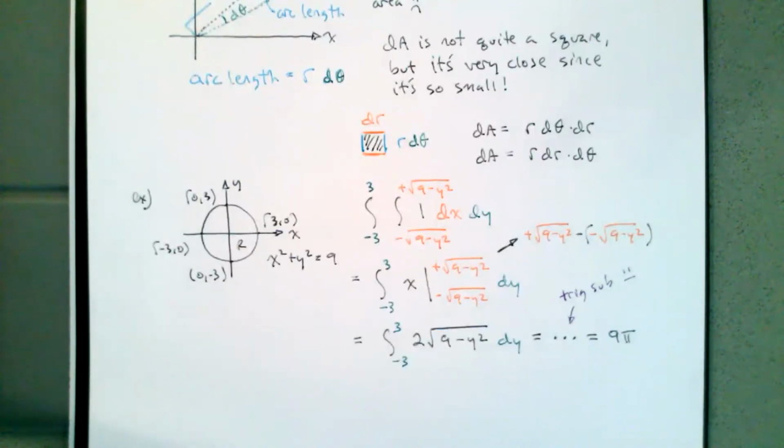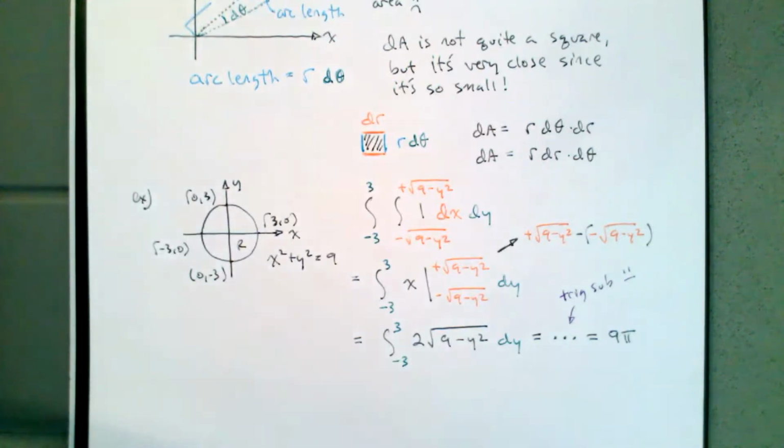Now, if we write the problem in polar coordinates, we saw before that we do get a function. This is just the equation r equals 3. And we just need to integrate it all the way around the circle.